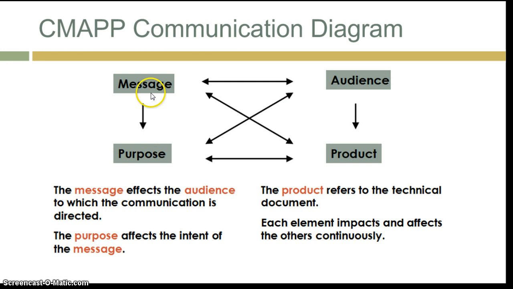The purpose affects the intent of the message. The product refers to the technical document, and each element impacts and affects each other continuously. So you can see that there is actually a back and forth. This actually should have a double arrow here. So this works both ways, and you can see that there are multiple interactions that are happening.